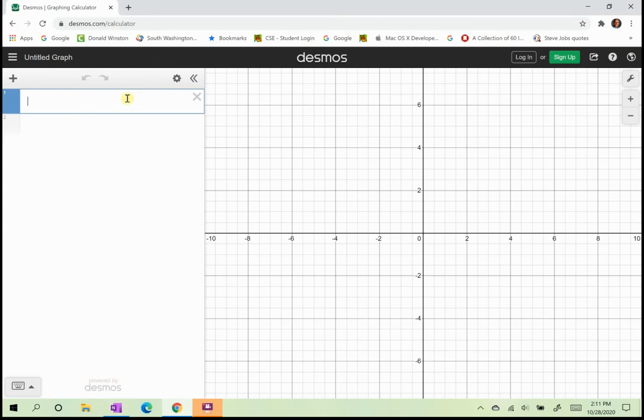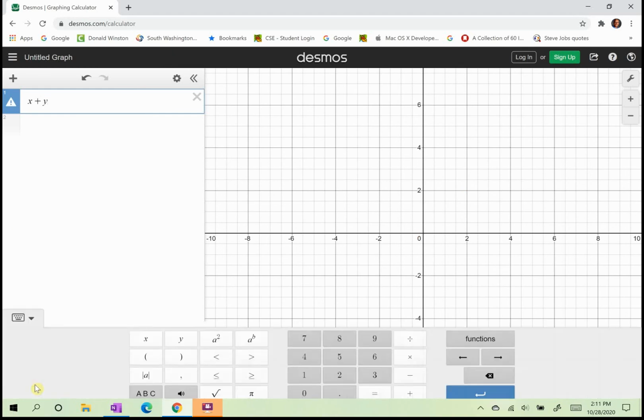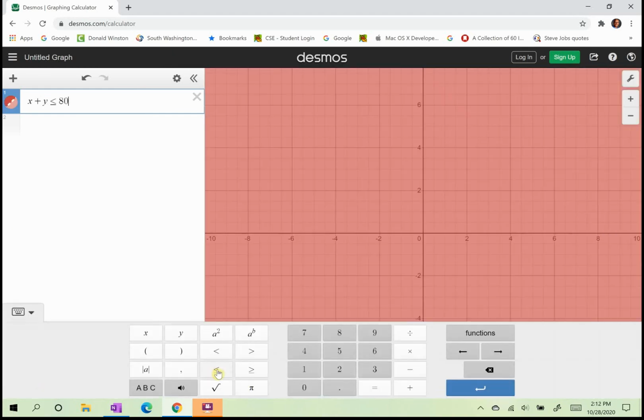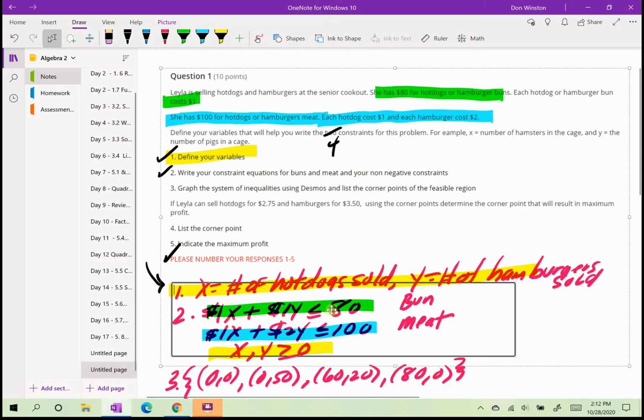The first constraint was X plus Y, and I'll use this little table down here for the inequality: less than or equal to 80. So 1X plus 1Y is less than or equal to 80.